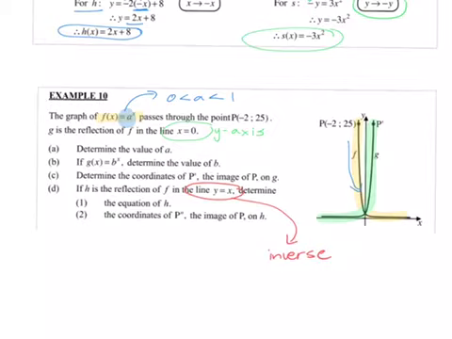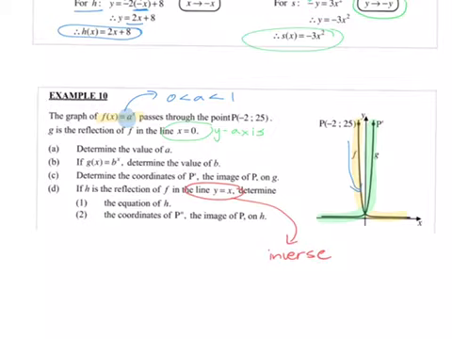And then it says if g of x equals b to the power of x, determine b. So g of x is a reflection. The green one is a reflection of the yellow one. And then for c, it says determine the coordinates of p prime with that little line. It's the image, the mirror image, or the reflection of p that exists on g.